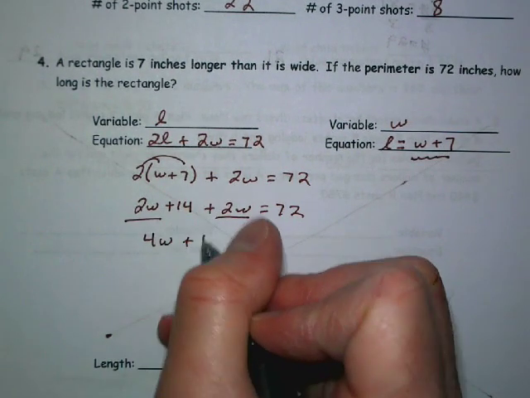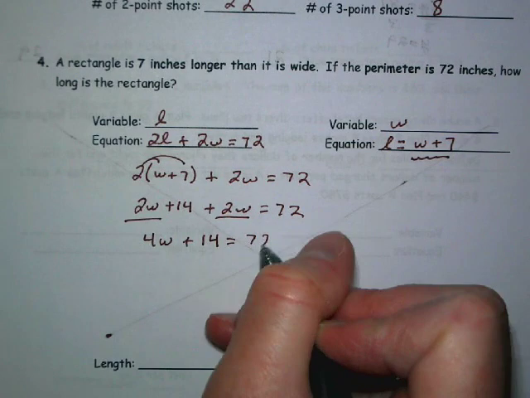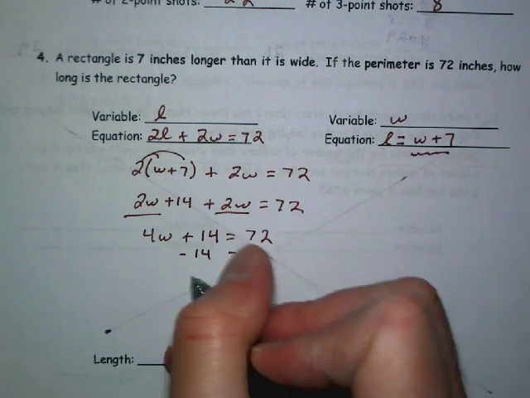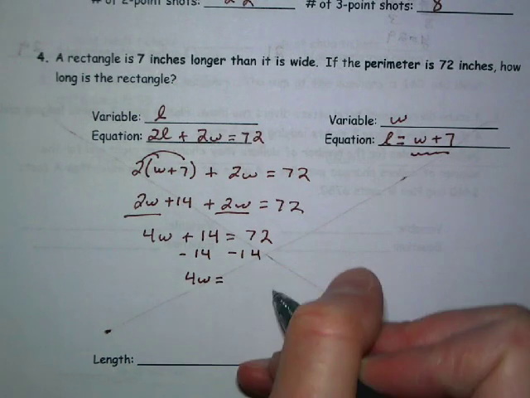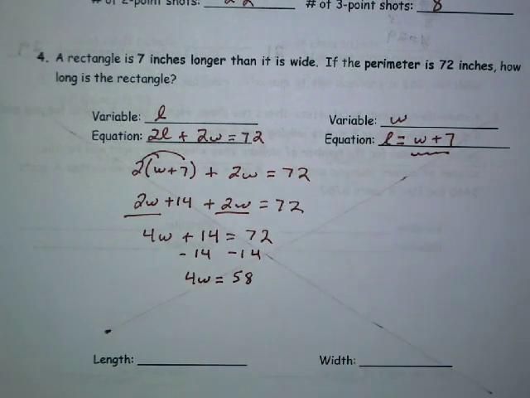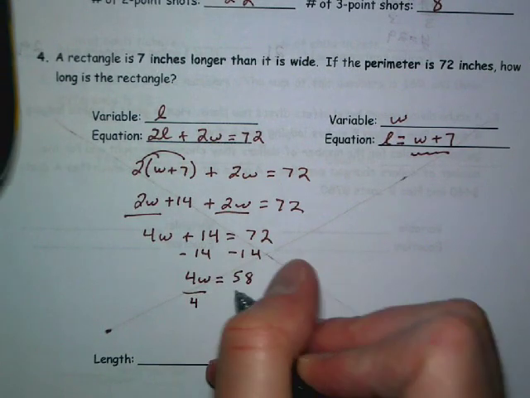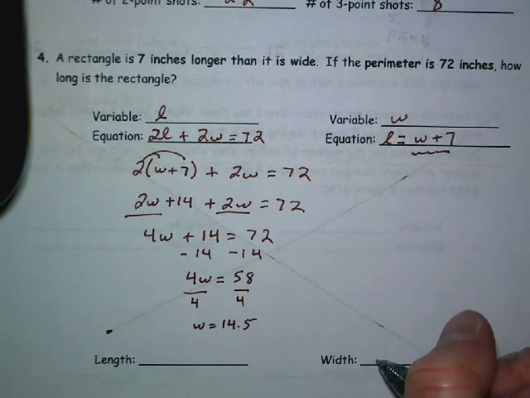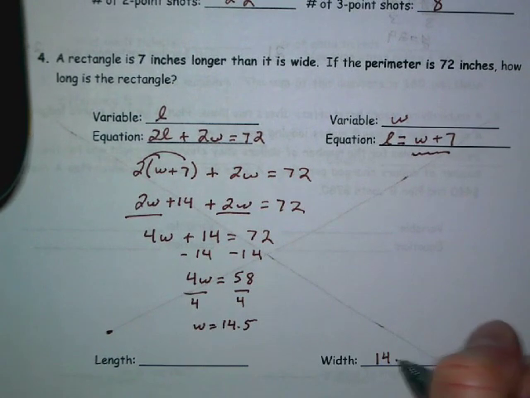Combine your like terms. 2W plus 2W gives us 4W. Then we would subtract 14. And that gives us 4W equals 58. And then we would divide 58 by 4. And we get a width of 14.5 inches.